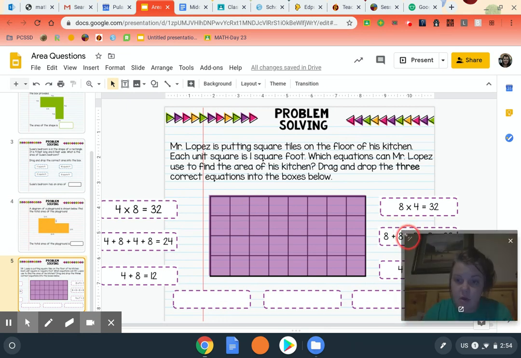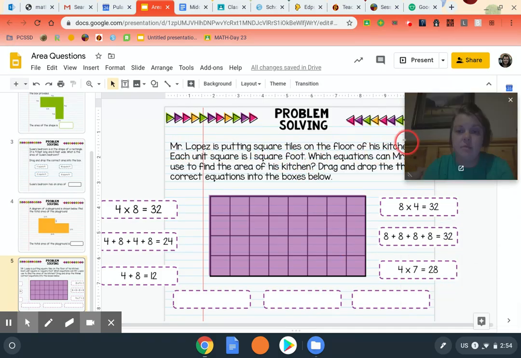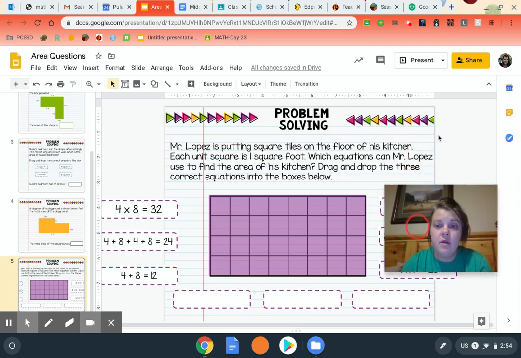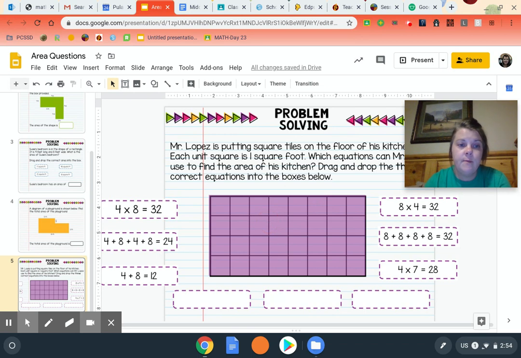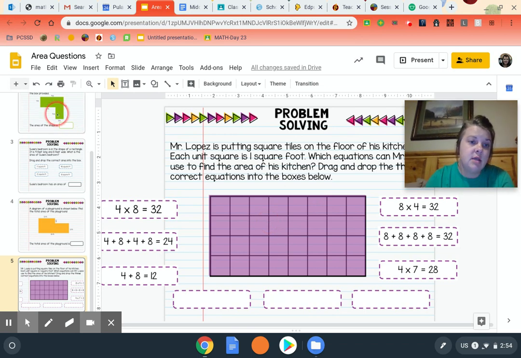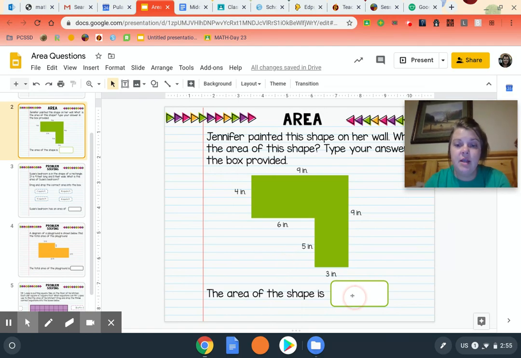Make myself a little smaller here. I'll just move me out of the way. Mr. Lopez is putting tiles on the floor of his kitchen. Each unit square is 1 square foot. Which equations can Mr. Lopez use to find the area? So, to find the area, we can count up all the squares and have square units. It's important that on slide 2, whatever you decide is your answer, you have square inches.